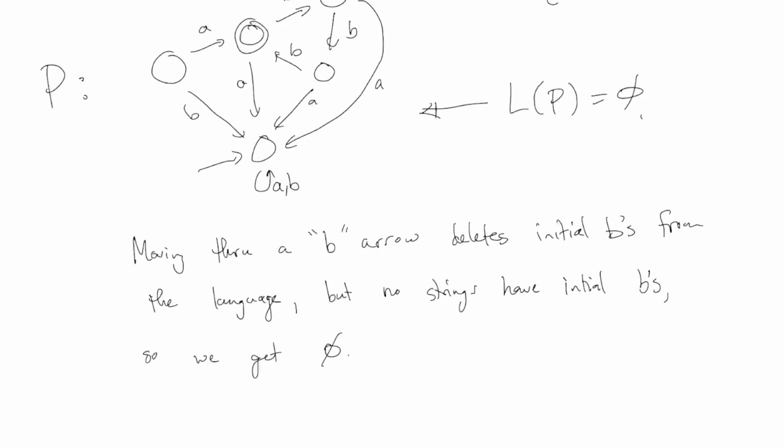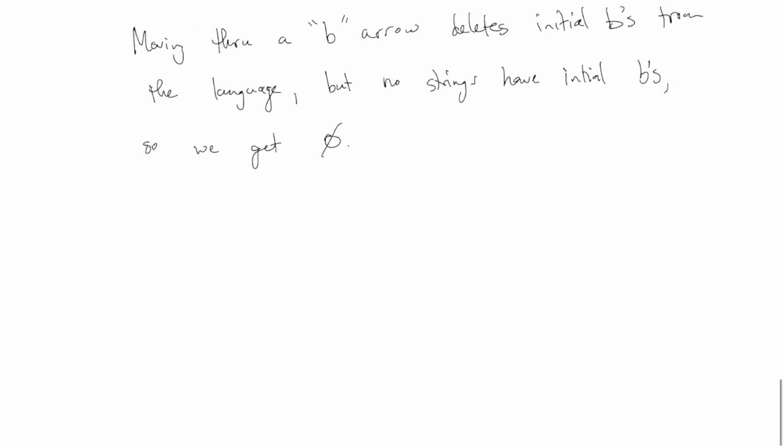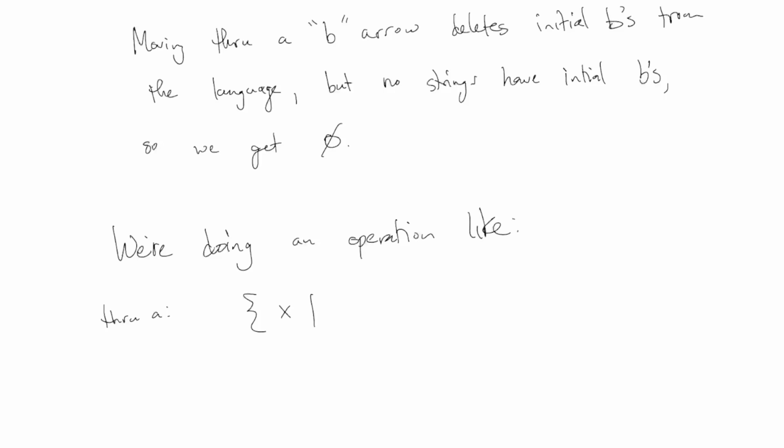Really what we're doing is something like, in the first case when I push it through the A arrow, what we get is something like all x such that Ax is in the original language, right? It says you find all the strings from the original language that used to start with the A, and you take the A away, and that's what you end up with.